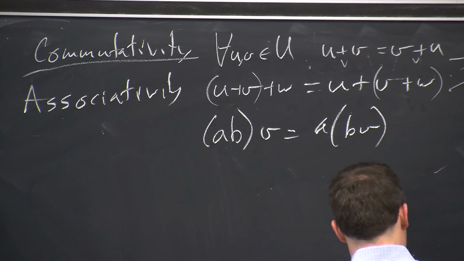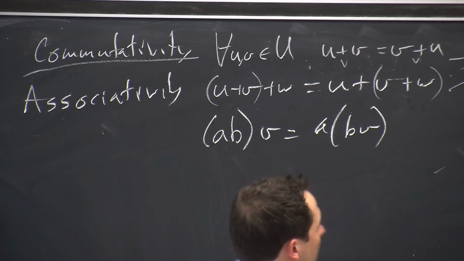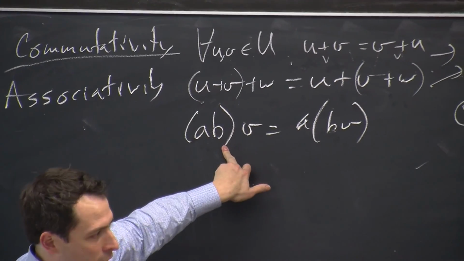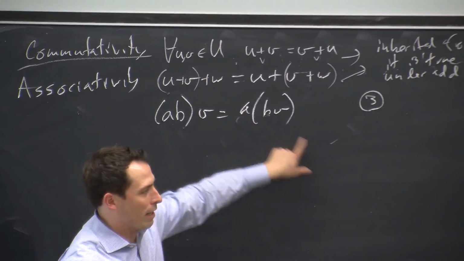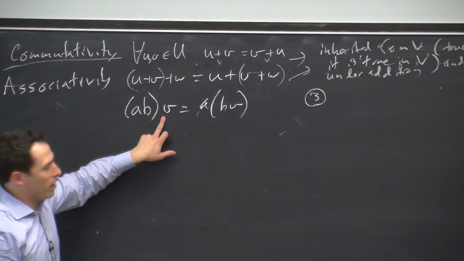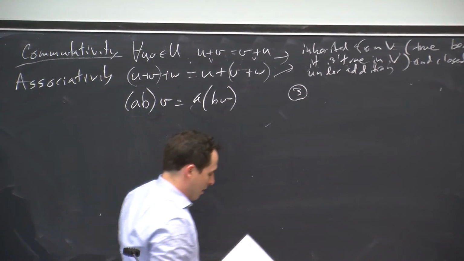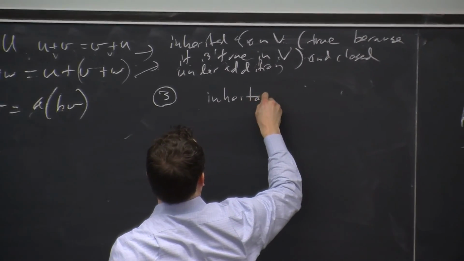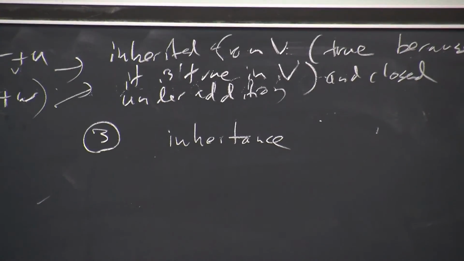So for this one, we use property 3, which tells us that these elements are in U. Over here there's one element that's seen to be in U by property 3. And then we can use this kind of inheritance property: the fact that it's true in V, and so it must also be true in U.